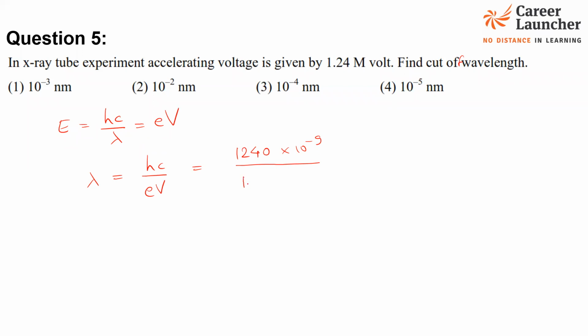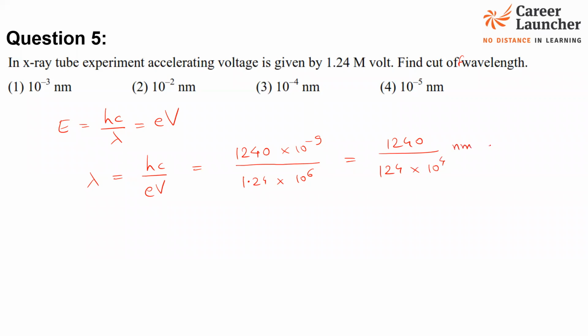So this will become 1.24 into 10 raised to 6. So this will come out to be, this is in nanometer. So you can write this as 1240 only. And this is 124 into 10 to the power 4 in nanometers.